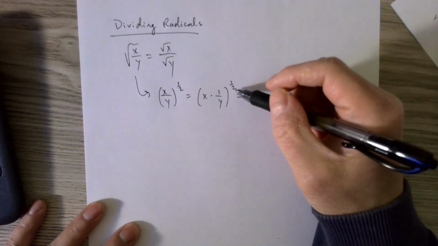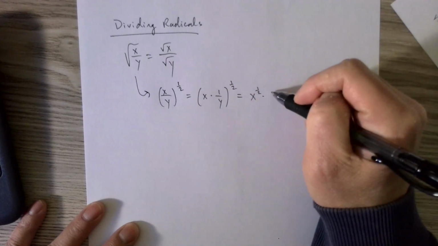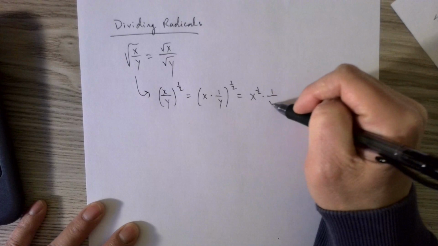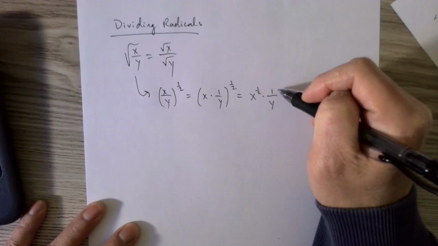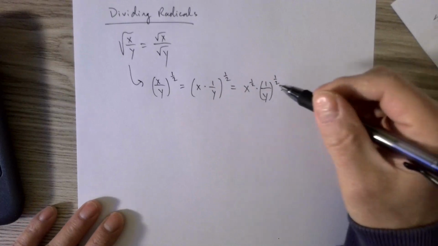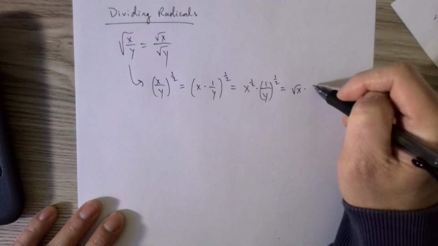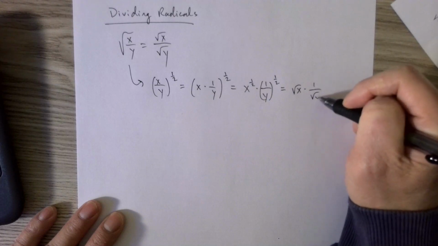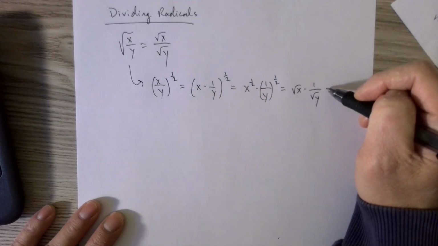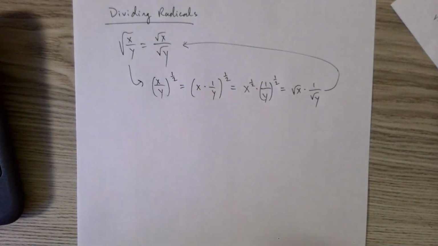And then power of a product, I may write this as x to the 1/2 times 1 over y to the 1/2. And then I may write this in radical form, rad x times 1 over rad y, and then write it as rad x over rad y. So this is the reason you're allowed to do that.